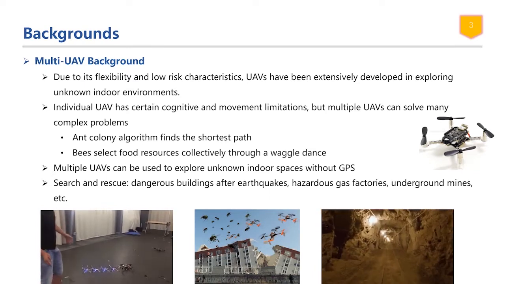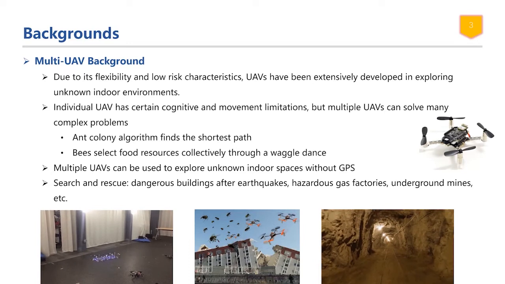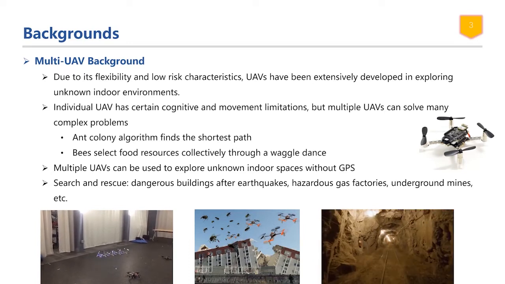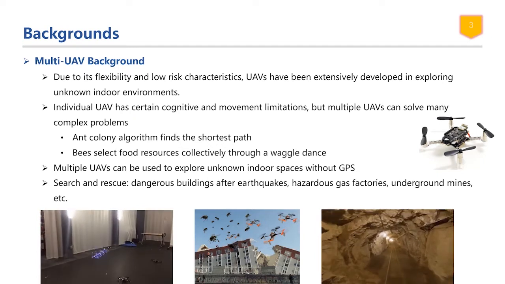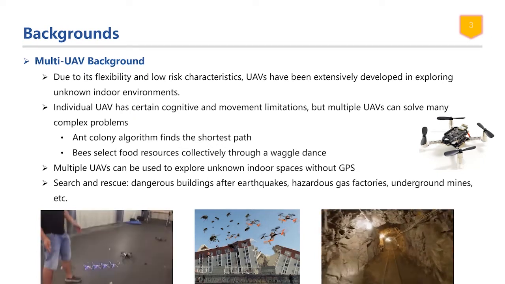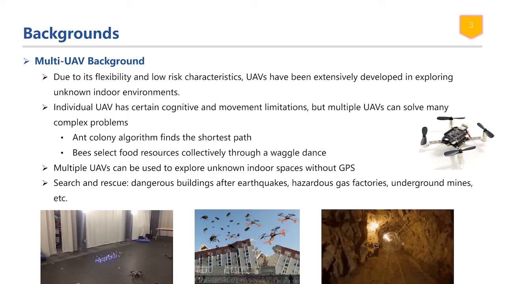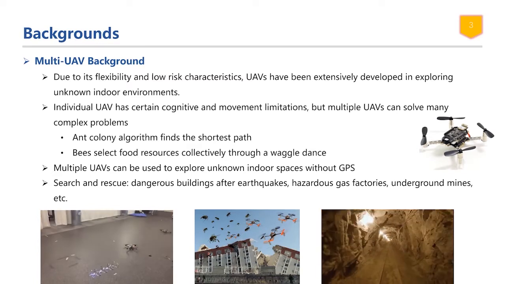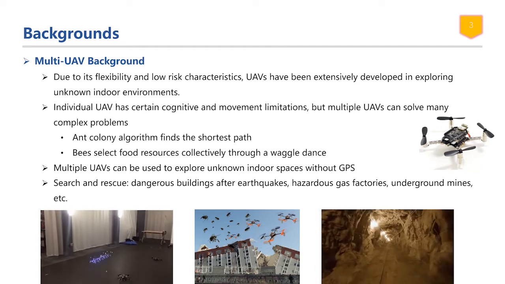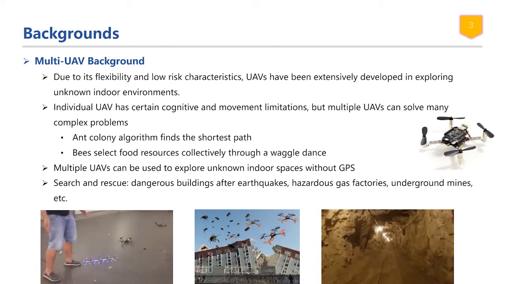So multi-type UAVs can be used to explore unknown indoor spaces without GPS. This can provide basic environment information for search and rescue missions, for example, dangerous buildings after earthquakes, hazardous gas factories, under mines, and so on.